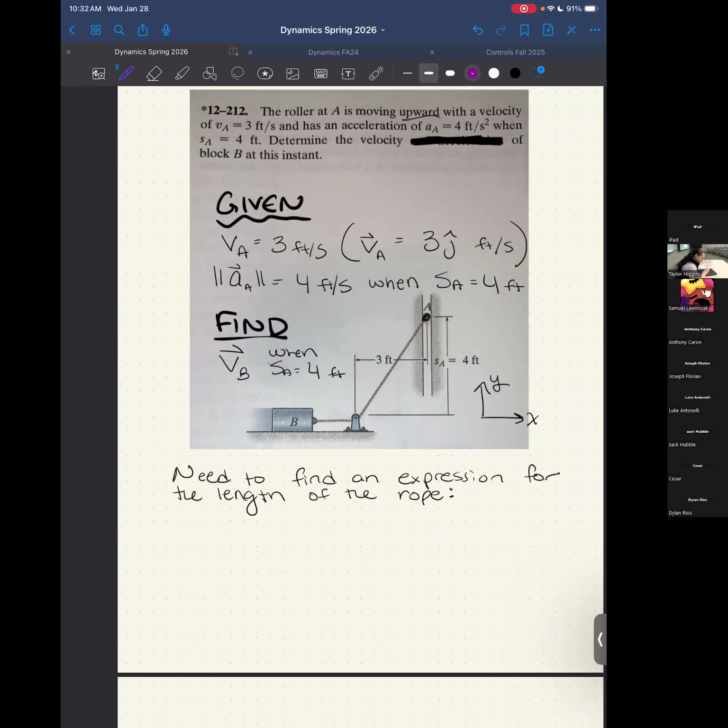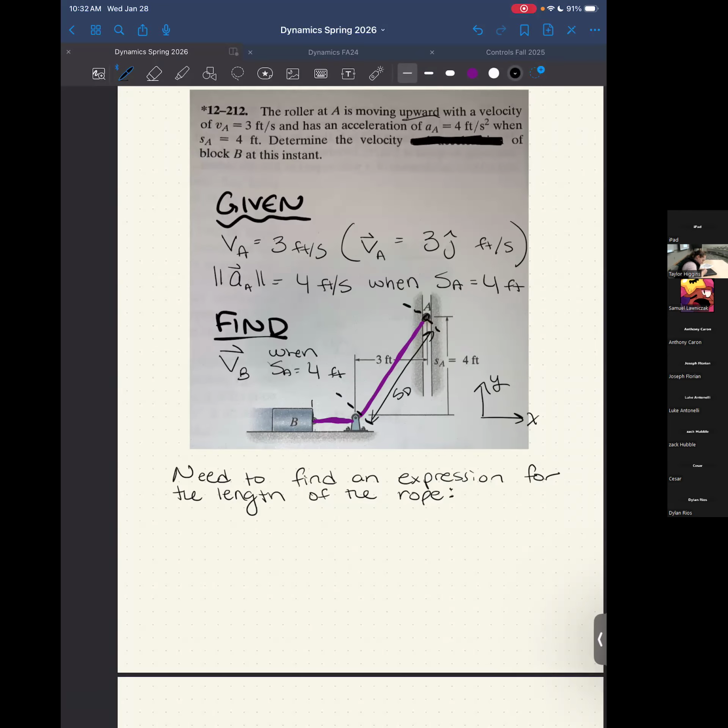what I'm seeing of this rope is one section that's going to change in distance and another section that's going to change in distance. I need to label those with some variables so I can work with them. So I'm going to say this here can change, and they've unfortunately already used the variable SA, so we'll call this SD.